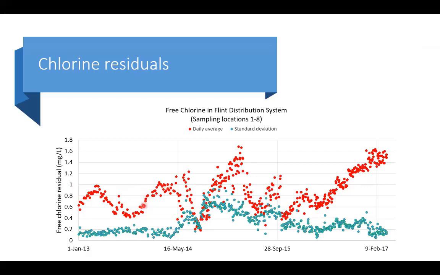There's some that's cyclic because of the temperature differences, but it's consistent. And then they switch. Notice the standard deviation increases significantly. That means that there are wide variations in chlorine residuals in the distribution system, with high levels in some cases and almost non-detect in others.